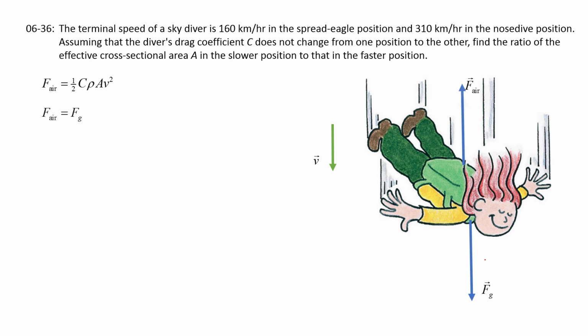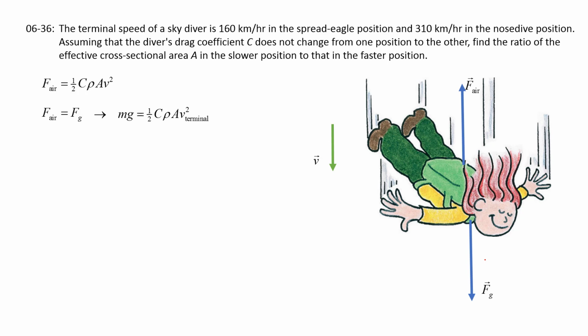So we can write that as F air equals Fg, or you can put in the equations to say that at terminal velocity, v squared times the area times a bunch of constants is equal to mg.